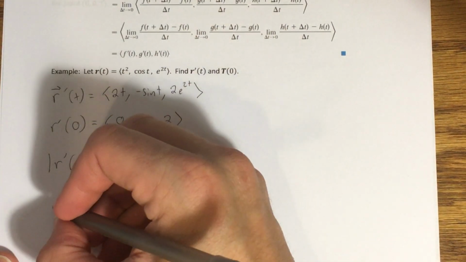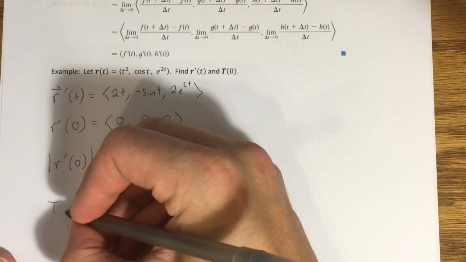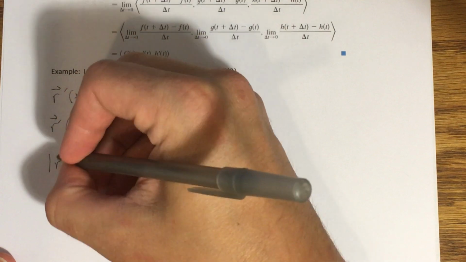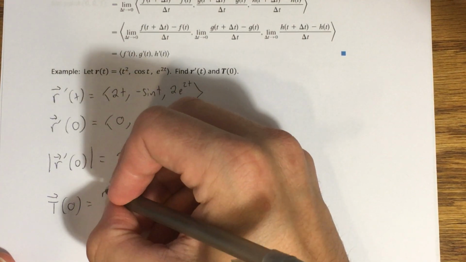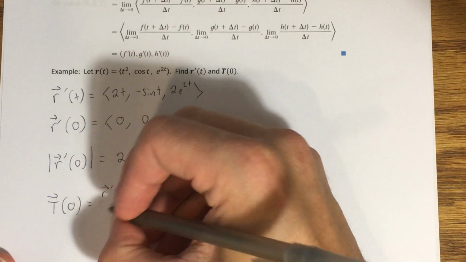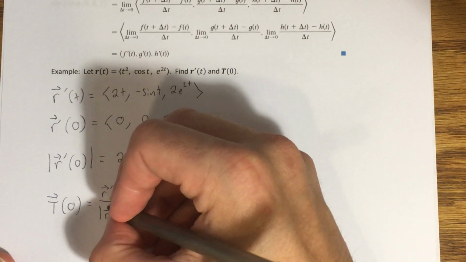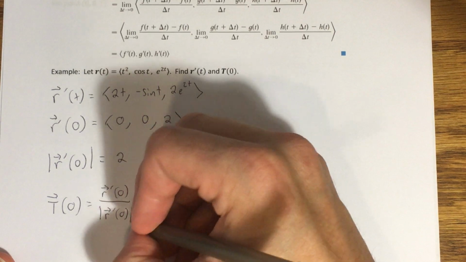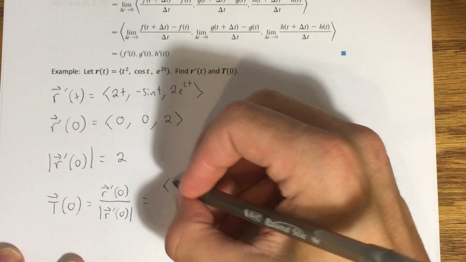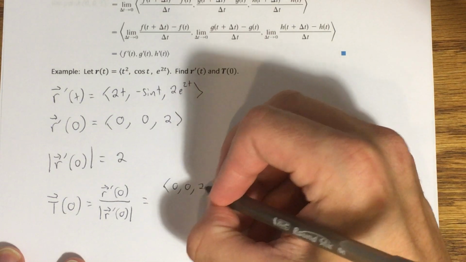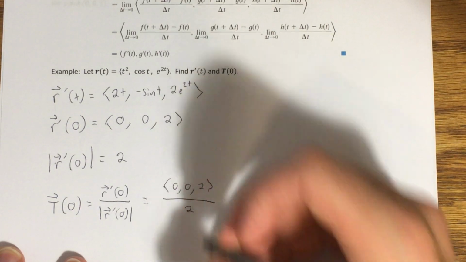So what then would be my unit tangent vector? Well, I should be putting the arrow notation on all of these. So T of 0 is equal to r prime of 0 over the magnitude of r prime of 0. And we just found both of those. So this would be 0, 0, 2 over 2.